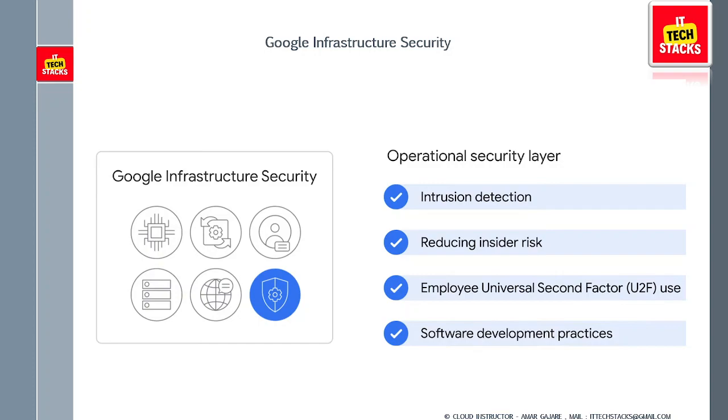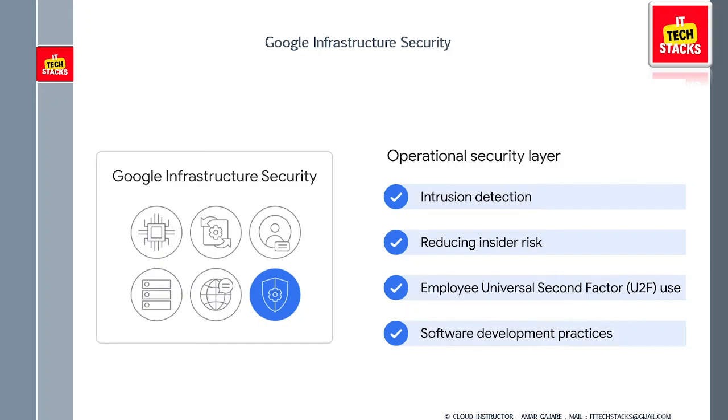The second one is reducing the insider risk. Google is trying to mitigate the risk from the outsider, from the intruder. What if there is insider risk? So Google also ensures that it reduces the insider risk. What do you mean by that?